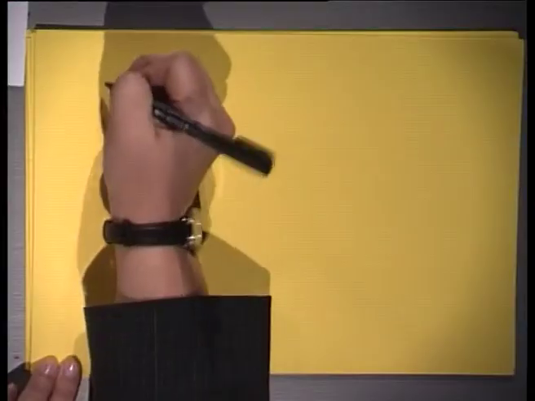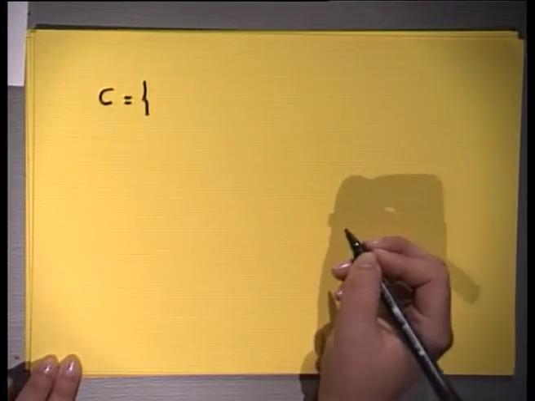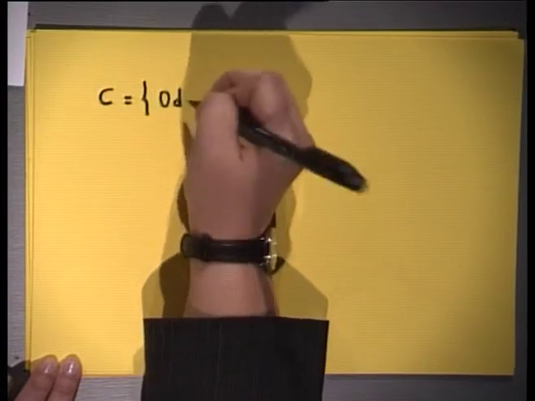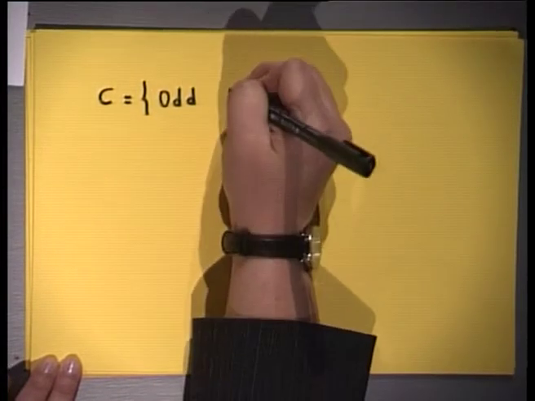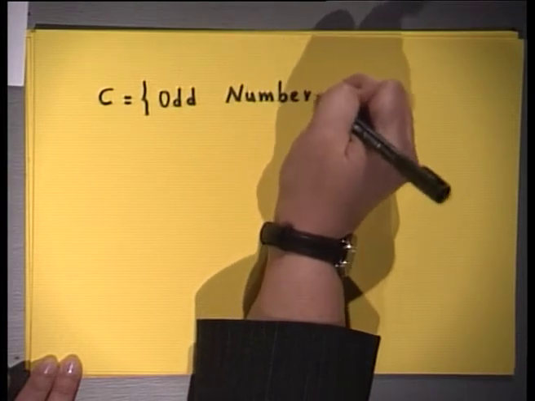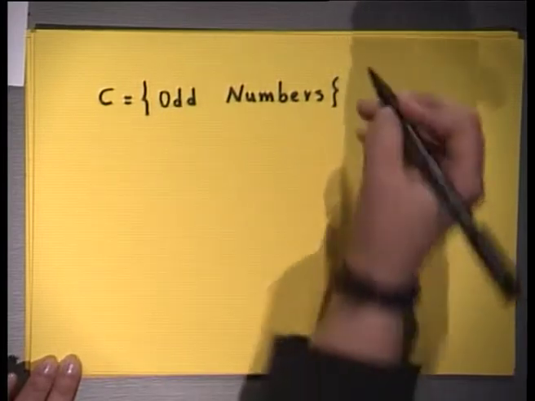If we define C as the set of the odd numbers, we always define events on our sample space.